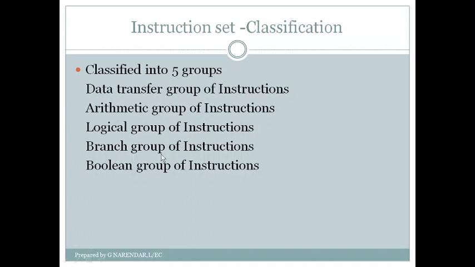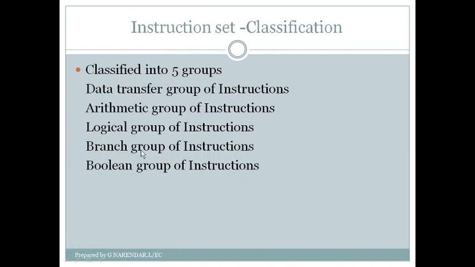And next we have the branch group of instructions and the Boolean group of instructions. So what is meant by the branch group? When we write a number of instructions in sequence, we call it a program. Normally a program executes in sequence, one instruction after the other.